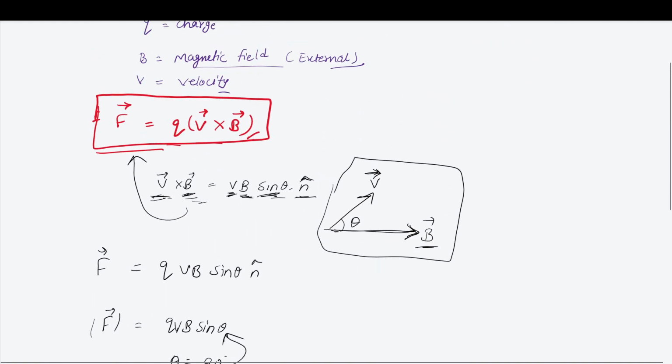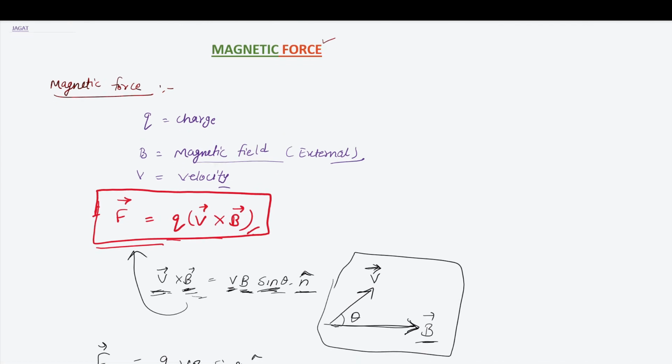So that was our magnitude, now the direction. The direction in which the magnetic force will exert on the charged particle is shown by the cross product, that is n cap.